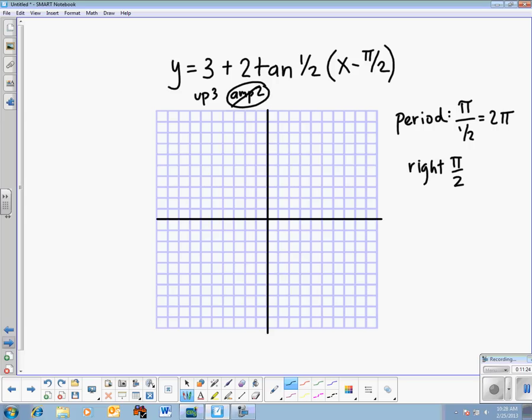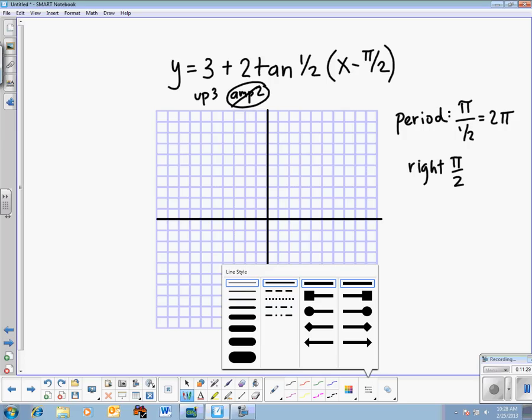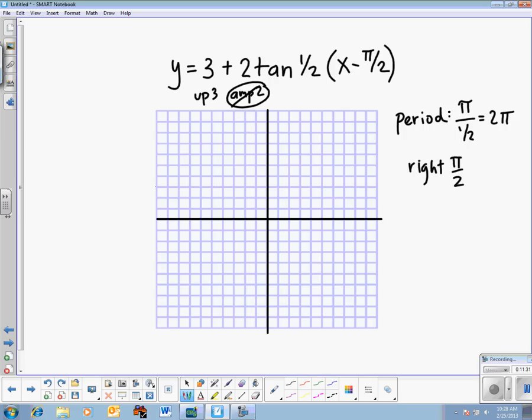So, your steps in drawing this graph. First of all, you can do your up 3. I'm not worried about the quote-unquote amplitude at 2. That's just going to affect, but since this is a sketch, it doesn't matter. Next, whatever was at x equals 0, I'm going to move that right pi over 2.